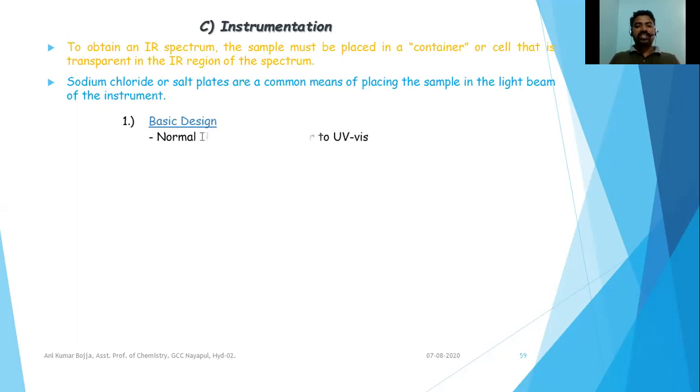The basic design of a normal IR instrument is quite similar to the UV visible spectrometer, but the detector and the light source used for identification of the spectra of a molecule will be different in UV visible spectroscopy and infrared spectroscopy.